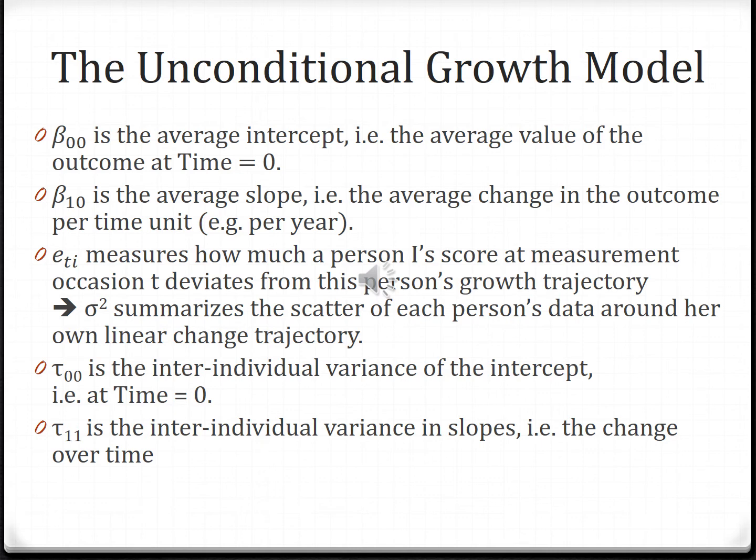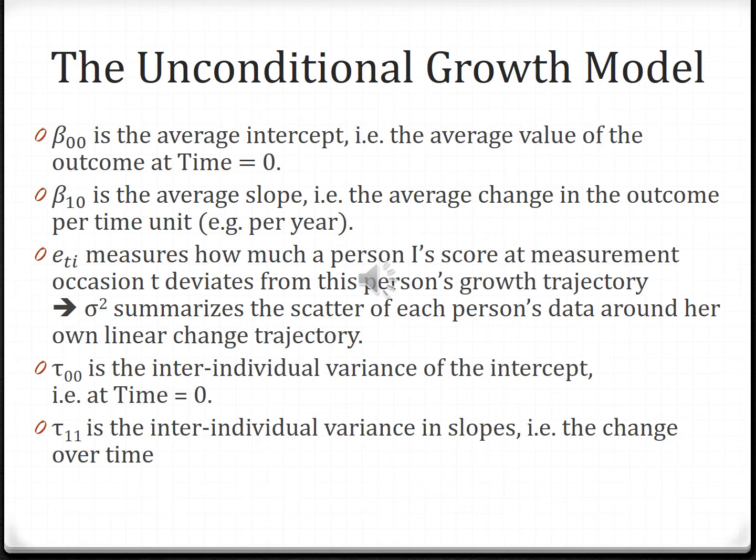Each person will get a trajectory, a starting point and an estimated change over time, but we know that the measurements will not be exactly on that line, but will be scattered around. And that's sigma squared, which is the variance associated with E_TI. That's really how much scatter is around their own change trajectory.